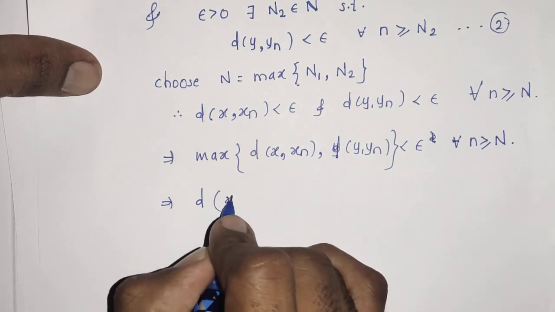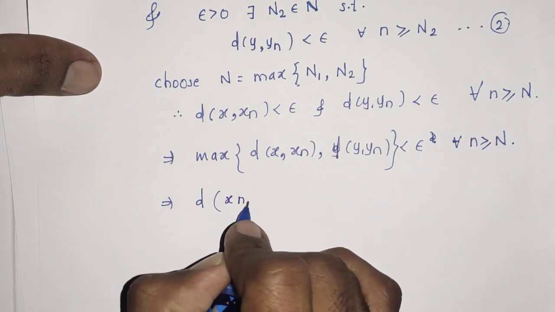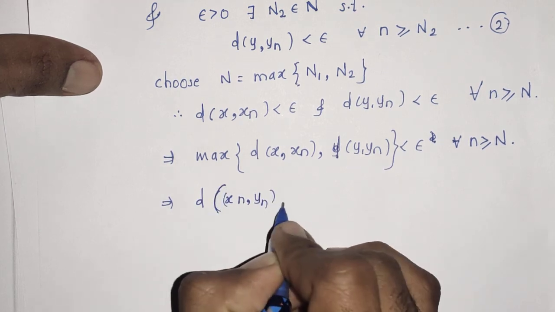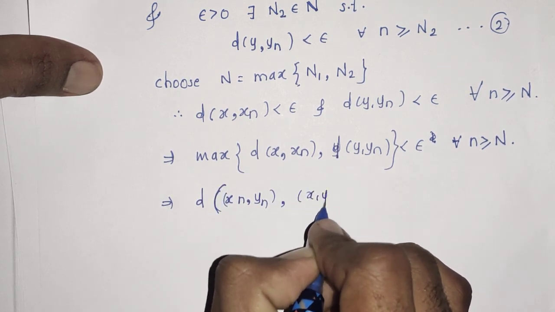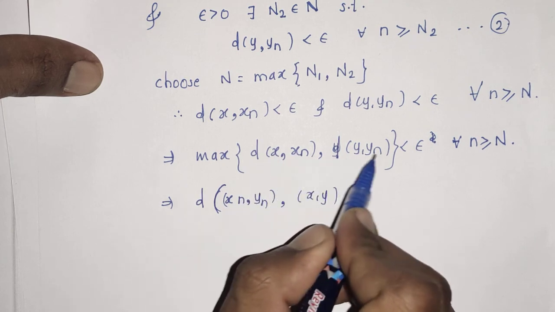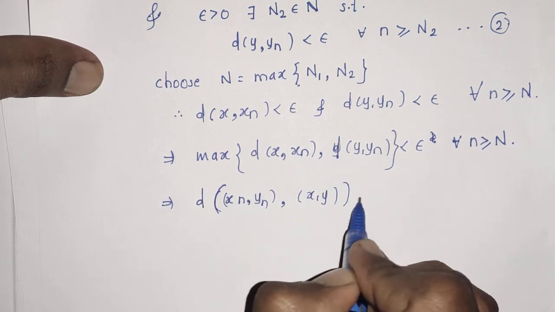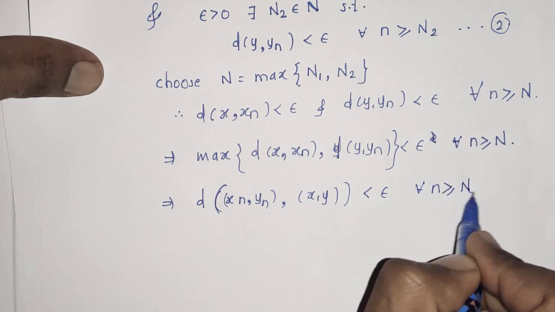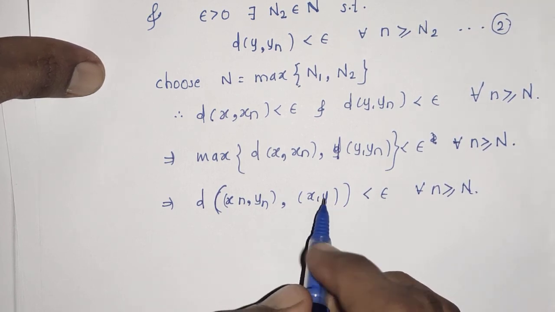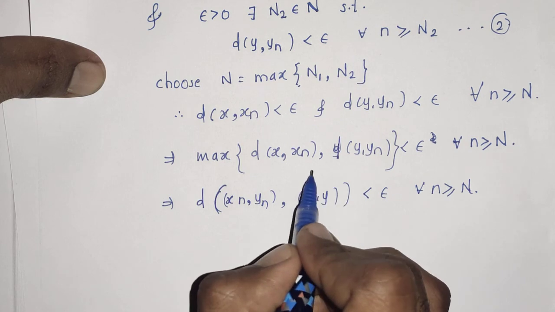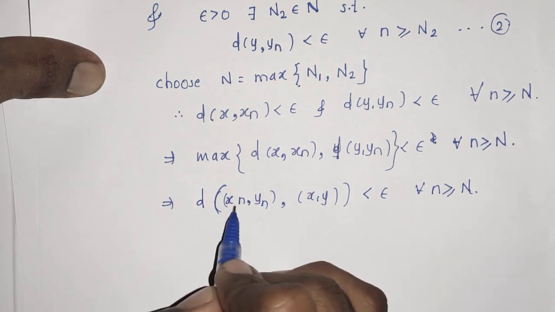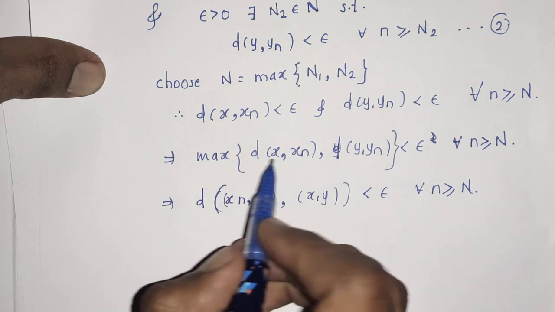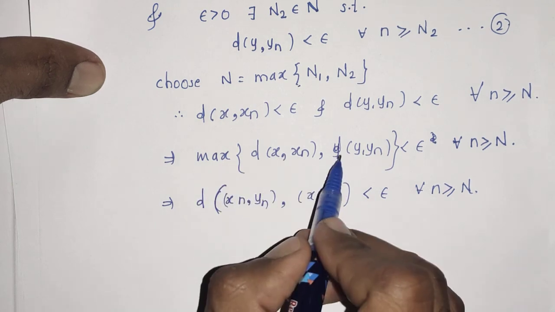This implies the distance between (xn, yn) and (x, y) is less than epsilon for all n greater than or equal to N. This is the definition of the metric in the product metric space, that is, the distance between (x1, y1) and (x2, y2) equals the maximum of the distance between x1 and x2, and the distance between y1 and y2.